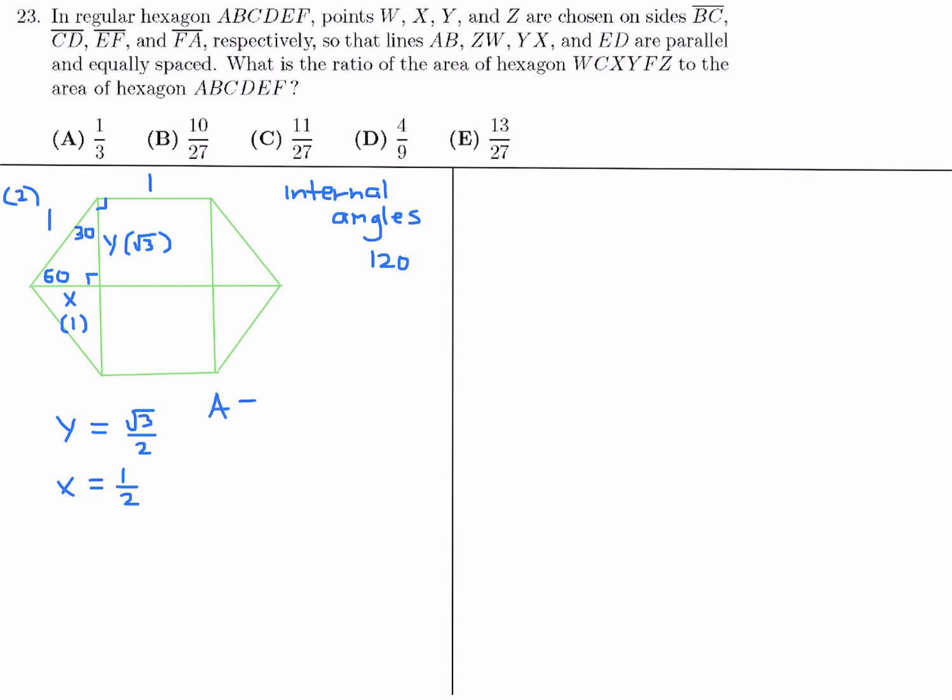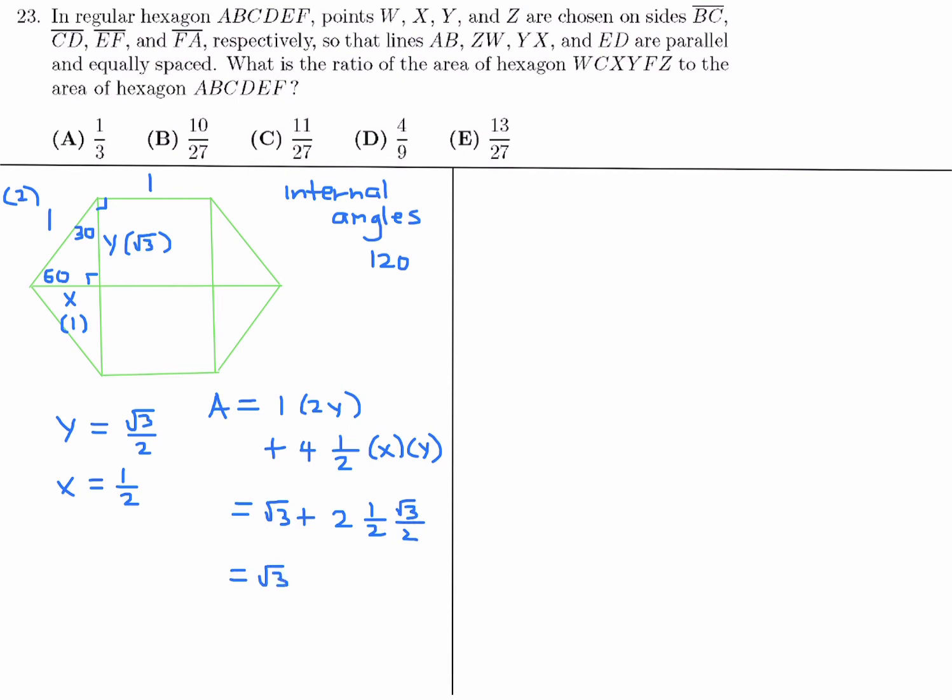The area will be the big rectangle in the middle, so 1 times 2Y, and then add to that 4 of those triangles, so 4 times 1/2 base times height, and each of those has a base of X and a height of Y. Substituting our values for X and Y, you get root 3 plus 2 times 1/2 times root 3 over 2.